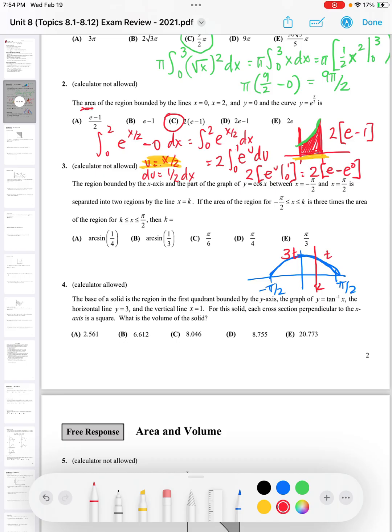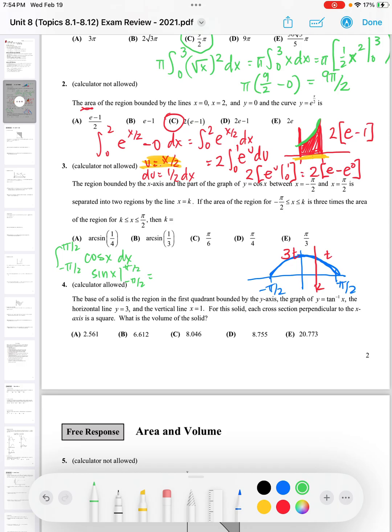All right, so the first thing that I would do is let's find that area of the region. So we know the area of the region is going to end up being from negative pi over 2 to pi over 2 of cosine x minus 0 dx. So the antiderivative of cosine is going to be sine of x evaluated from negative pi over 2 to pi over 2.